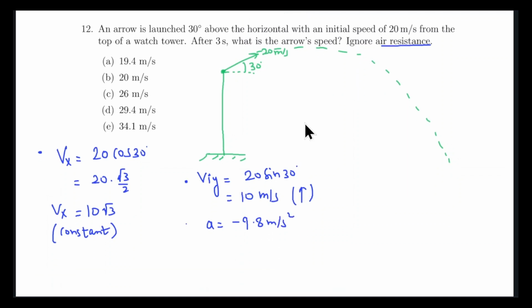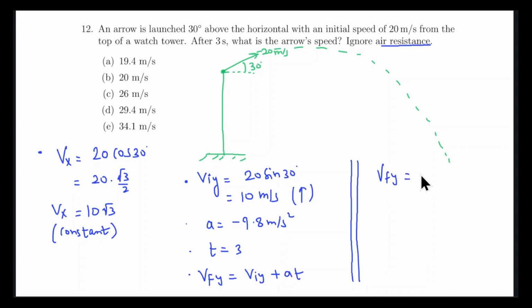The time is 3, and they are asking for v final y because they are asking for the velocity after 3 seconds. So I can just use the first equation of motion, v final is equal to v initial plus at. So v final is equal to v initial 10 plus acceleration minus 9.8 and time is 3.